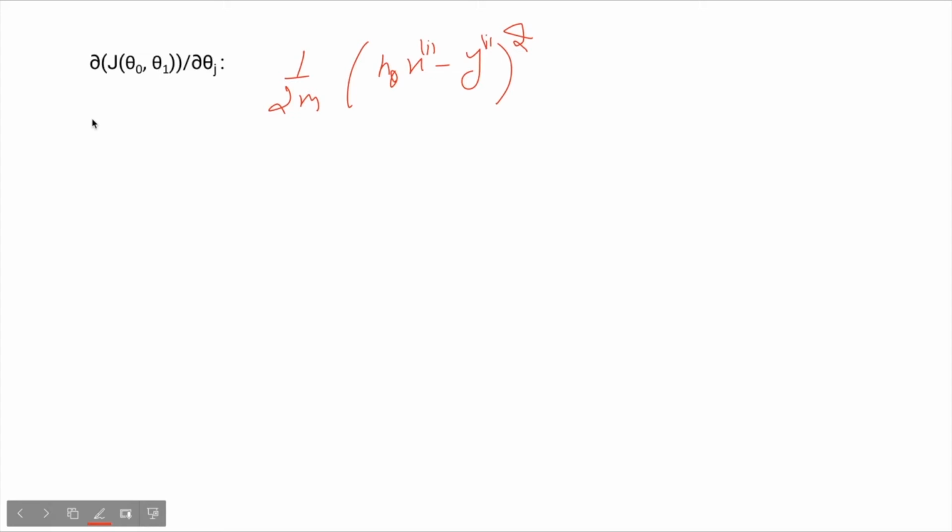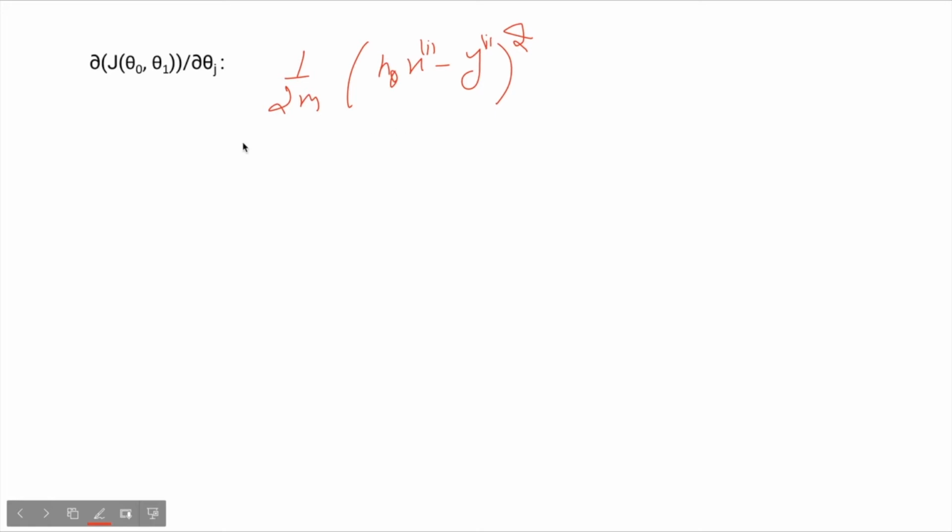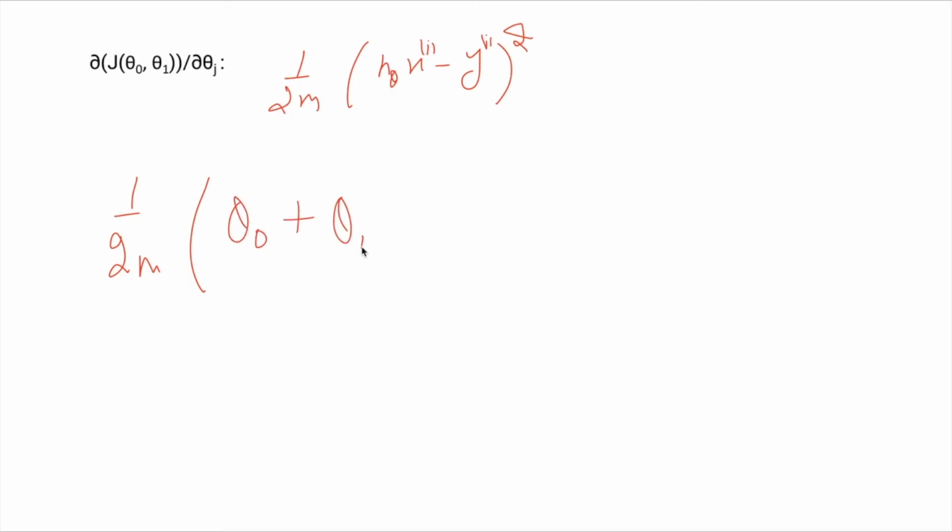First of all, I have to express this in its full form. So what I mean by that is 1 over 2m times theta 0 plus theta 1 x i, minus y i, to the whole power 2.